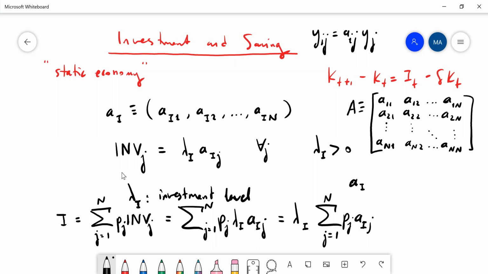So these are, again, technical coefficients for the investment good. And we define this as a price index for investment. Okay? So total investment spending is then this.